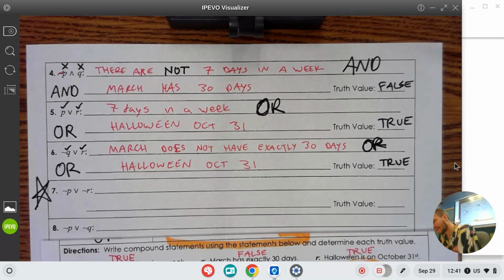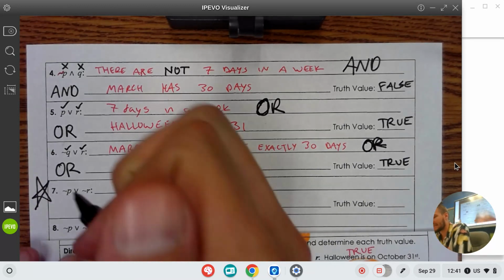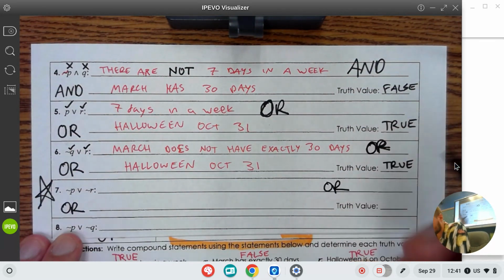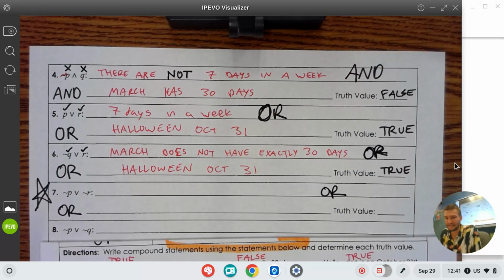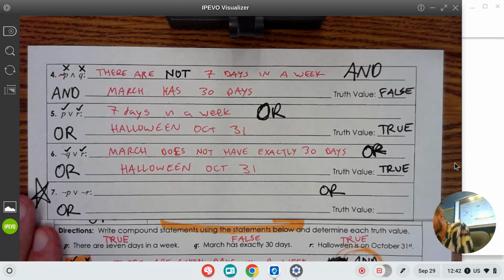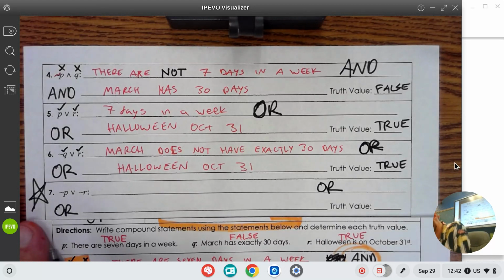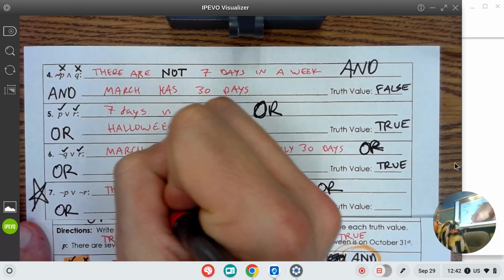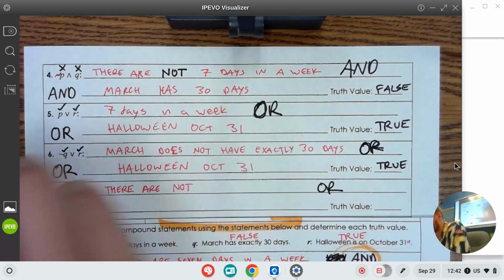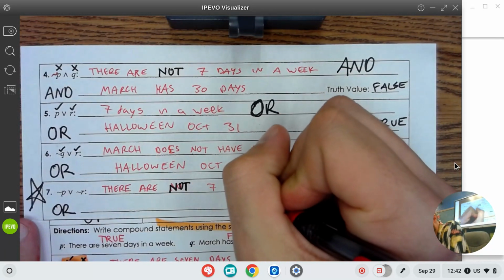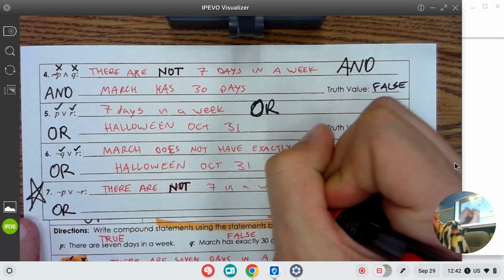We have not P, V, not R. Is this an and or an or statement? It's an or statement. Not P. That means the opposite of P. So instead of P saying there are 7 days in a week, not P, there are not 7 in a week.